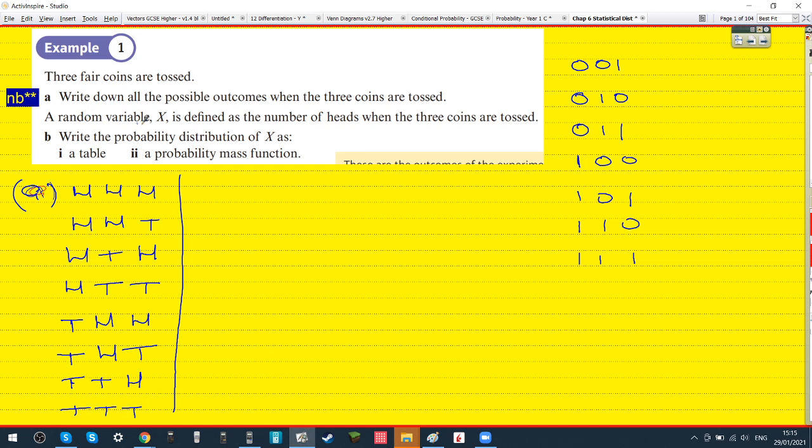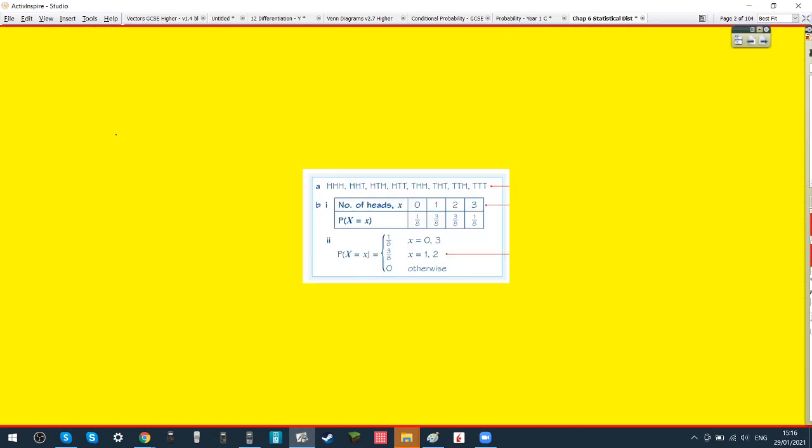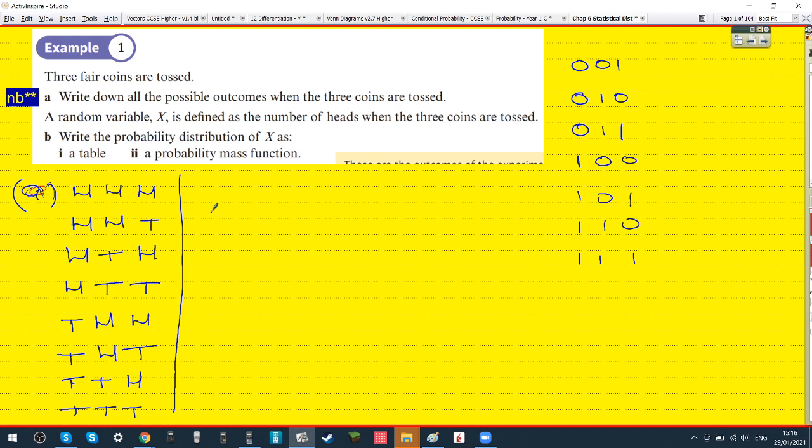Okay, how about B? Write the probability distribution of X as a table. I'm looking it up. Oh, it's the number of heads.